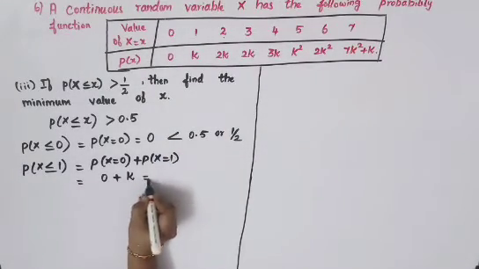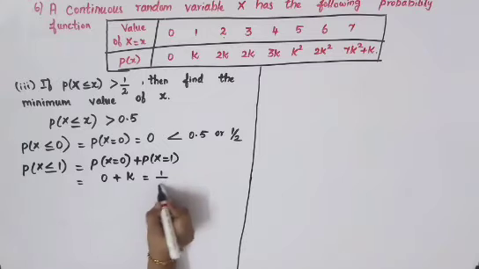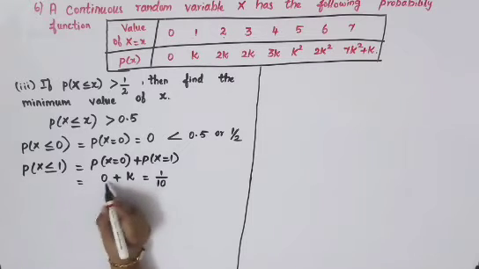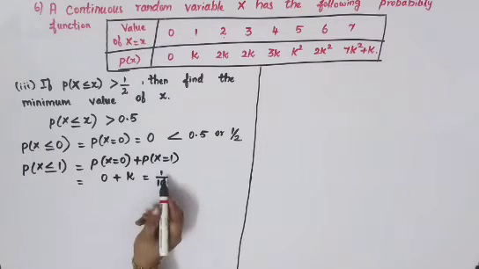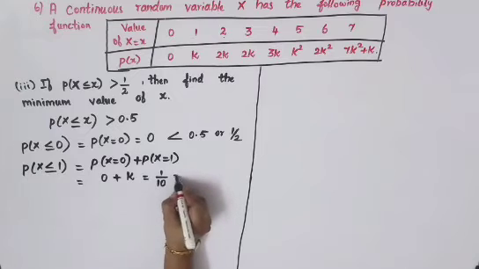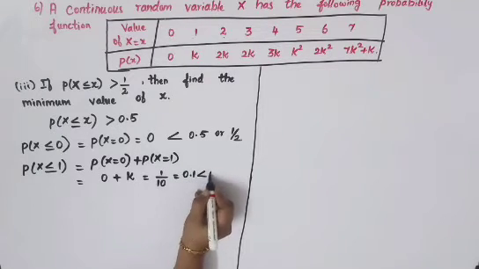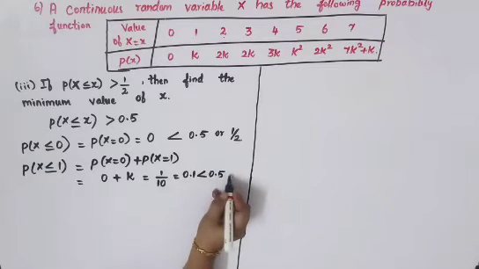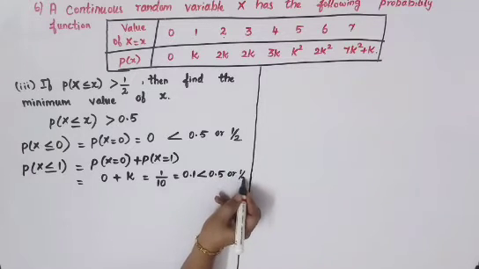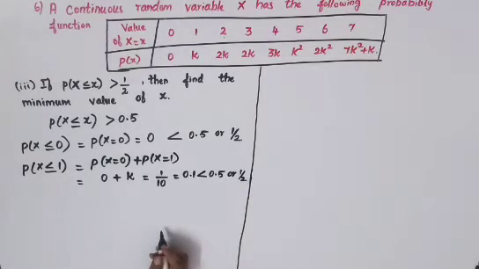But we have got the value k is equal to 1 by 10. So 0 plus k will be k only. So k value is 1 by 10, which is nothing but 0.1, which is less than again 0.5 or 1 by 2. Anything you can write. Okay, for you all to understand, I am just writing 0.5 and 1 by 2.